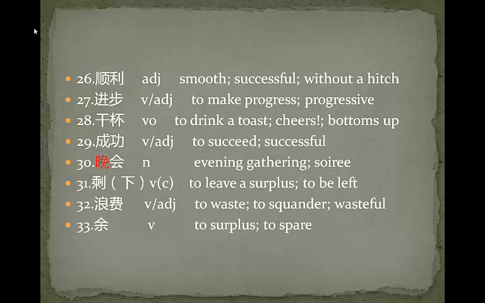The construction of this radical doesn't relate to the meaning, but we just split this character into left and right part. Remember, the left part is a character meaning multiply, and the right part is the vertical knife. That's it. 第32个 浪费, to waste, to squander, wasteful.